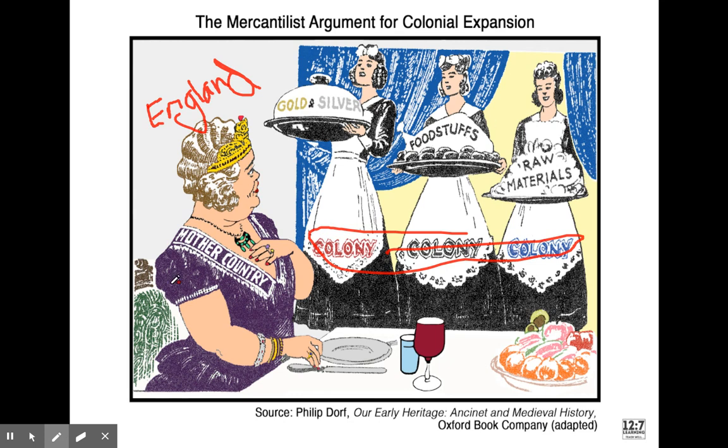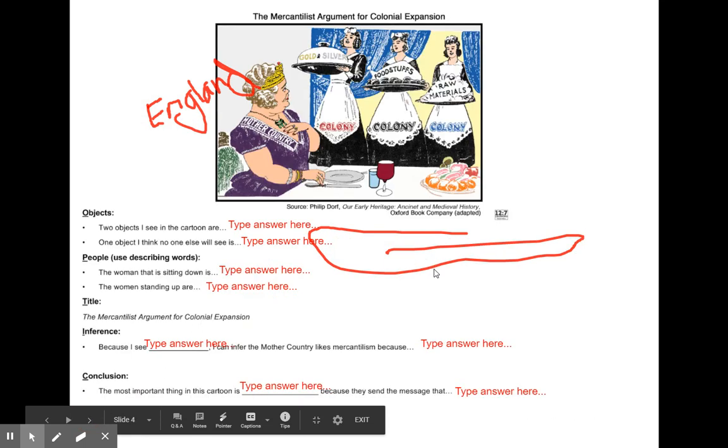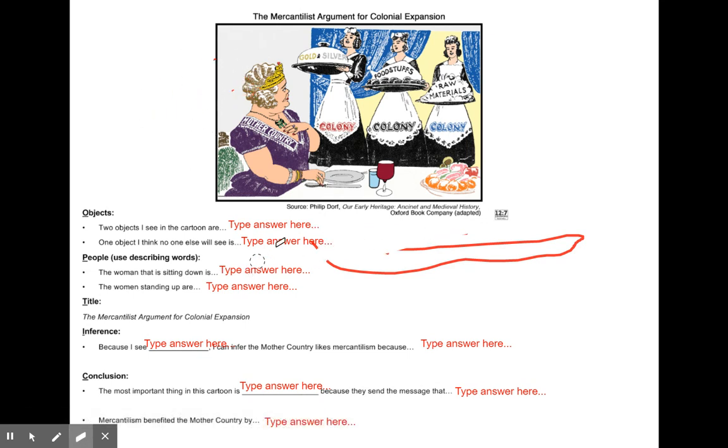So here's what you're going to do for your assignment. You are going to write down, I see that still stays there, so we're going to erase this. Here's what you're going to do.